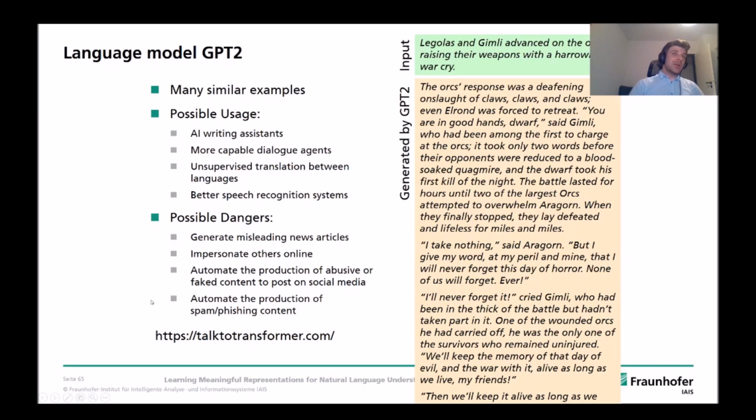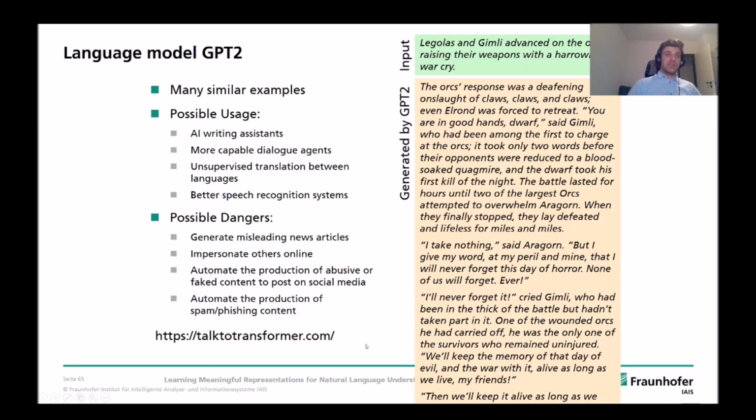But OpenAI also hints at possible dangers. It could be able to generate misleading news articles, fake news articles. It could be able to impersonate the style of other persons, of authors, or of people on Twitter. And OpenAI hinted at many more such dangers.